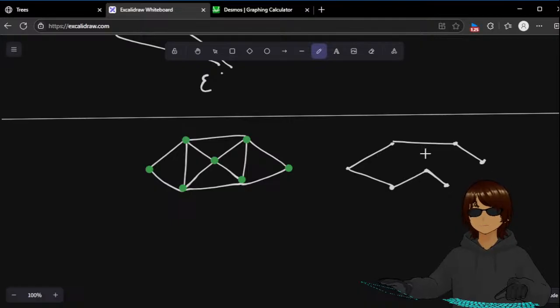One, two, three, four, five, six edges. There are 1, 2, 3, 4, 5, 6, 7 vertices. So yeah, we need a minimum of 6, right? To connect all of them. Otherwise, one vertex will be left out.